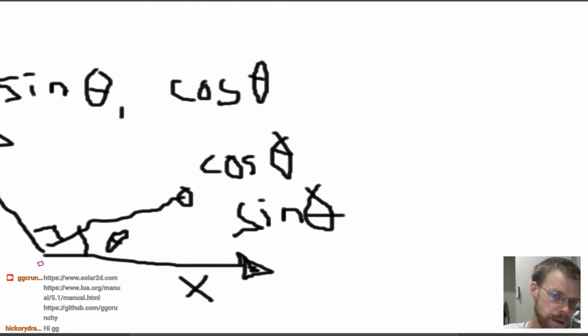If we went in the other direction, we would instead negate the cosine and keep this positive. And these are 90 degrees apart, just like x and y.